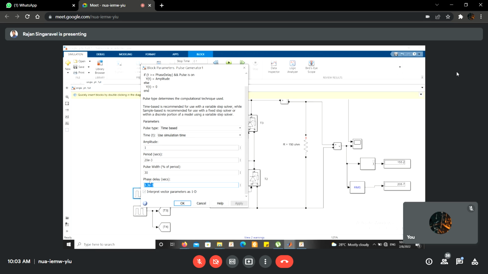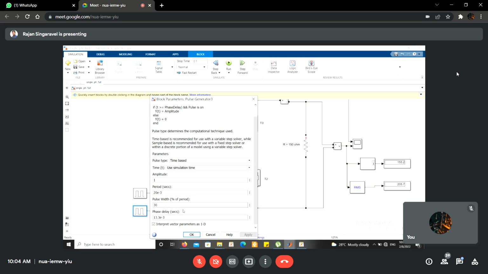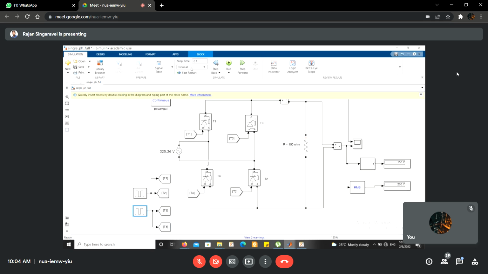So I am changing this to 1.66 millisecond, and the complement pulse should be at 180 degree delay, so it should be 11.66. And now with this new alpha, I am simulating the same circuit without any change in the circuit parameters.